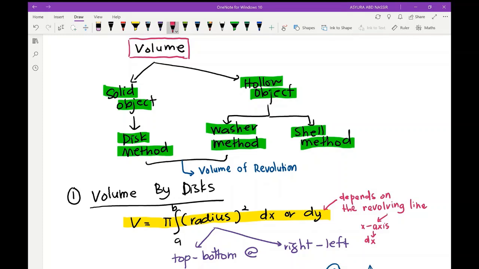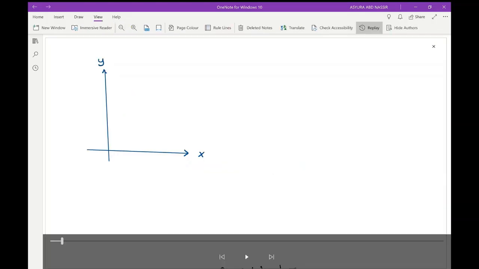If your revolving line is on the y-axis, then we will use dy, meaning it will be right minus left. Now let's look at the formula of volume by the disk method. We have two formulas: either you use top minus bottom, or you use right minus left. Meaning here we have two cases.